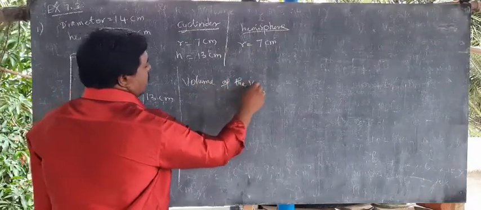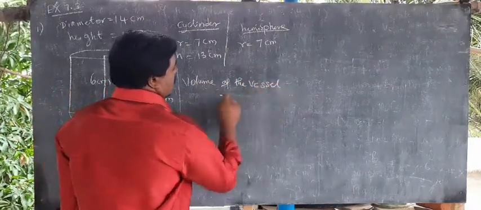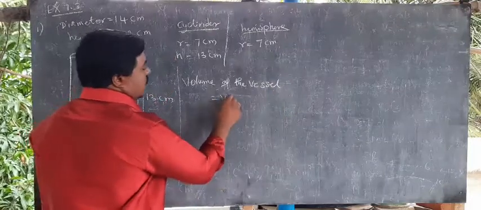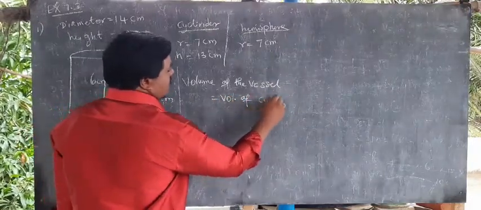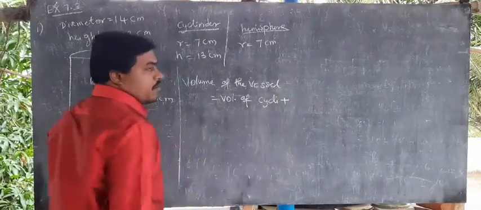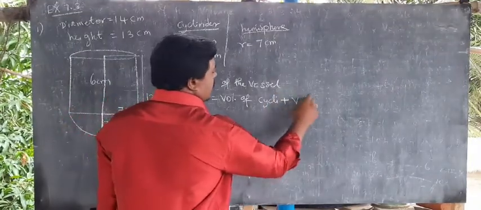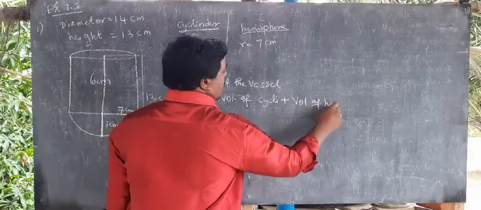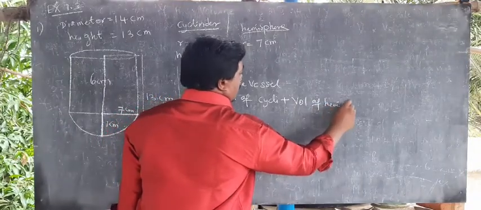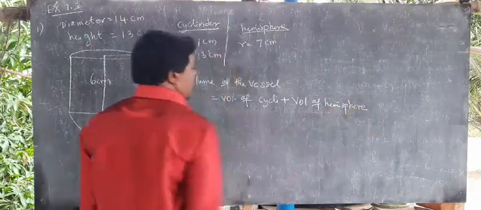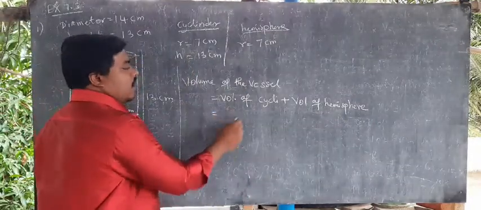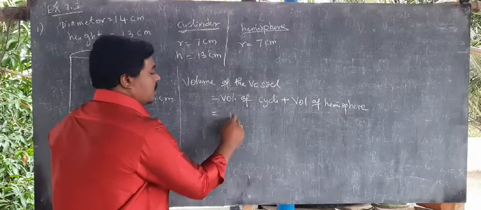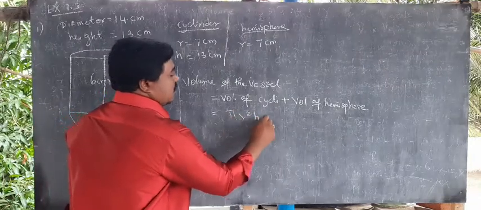Volume of the vessel equals volume of cylinder plus volume of hemisphere. Volume of cylinder, the formula is pi r square h.